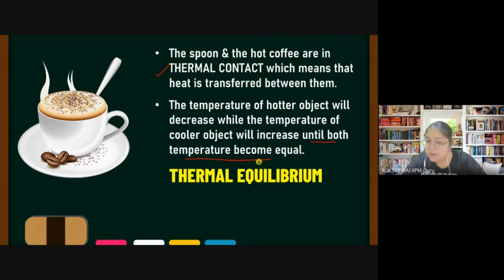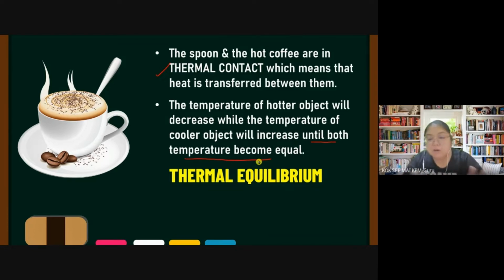Understand? What does thermal equilibrium mean? It must be thermal contact first. Then you have a hot object, which transfers heat to the cool object. Then the cool object also transfers heat to the hot object. But surely the hot object transfers more, because its temperature is higher, so it transfers more heat out first.